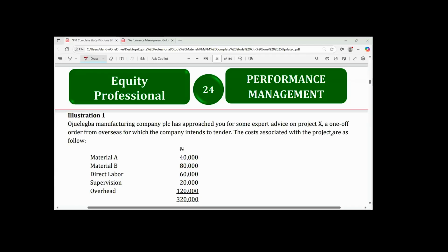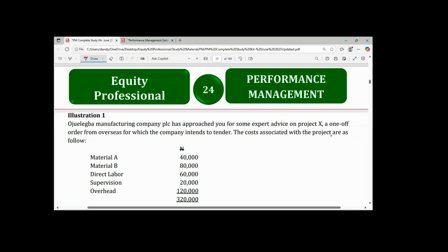In our last class, we started relevant cost for decision making. And I mentioned, just as a recap, we said that relevant costs are costs that are directly attributable to a particular course of action in making managerial decisions, meaning that any cost that will be incurred for the purpose of a particular course of action are relevant costs.